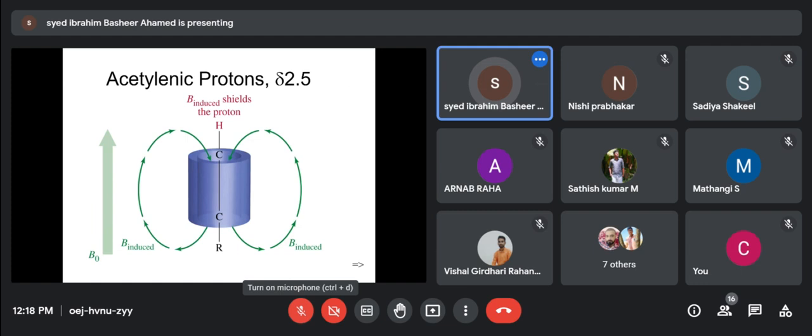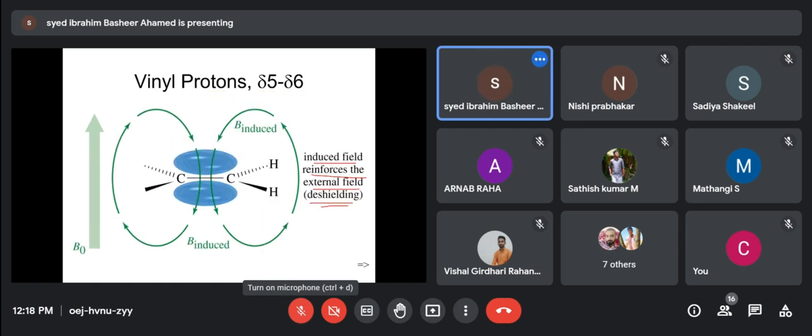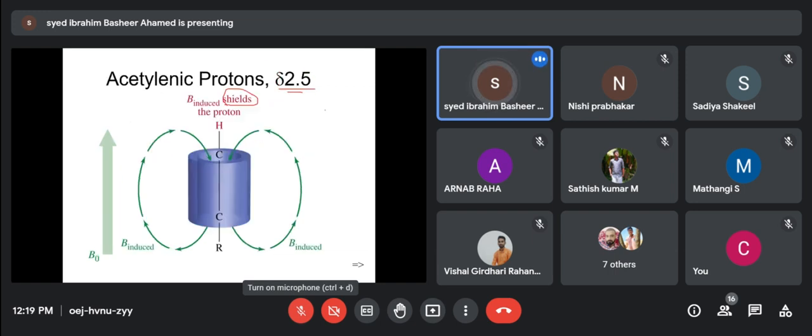Here the acetylenic proton has a delta value of 2.5. Here it is a shielding effect. Shielding effect means you will have a lower delta value. De-shielding effect means you will have a higher delta value. So this you should remember.